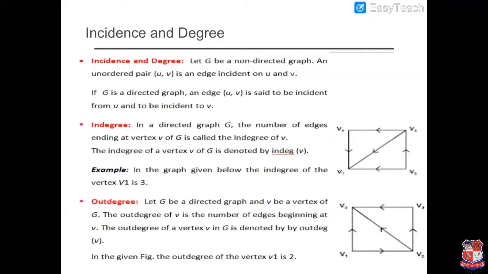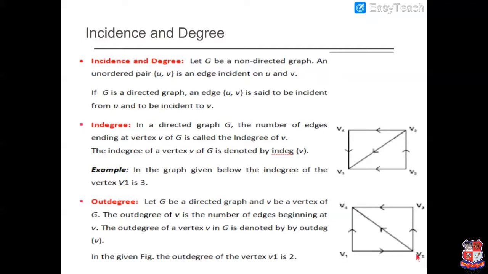Similarly, out degree. Let G be a directed graph and V be a vertex of G. The out degree of V is the number of edges beginning at V. The out degree of vertex V in G is denoted by out degree of V. So in the figure, the edges beginning at vertex V1 are 2, therefore its out degree is 2.